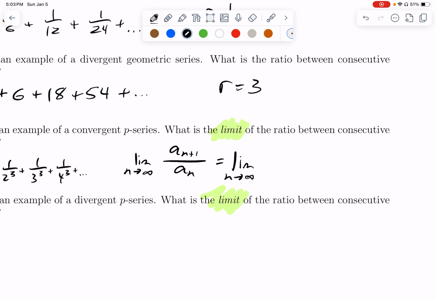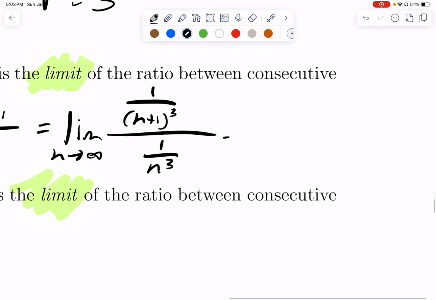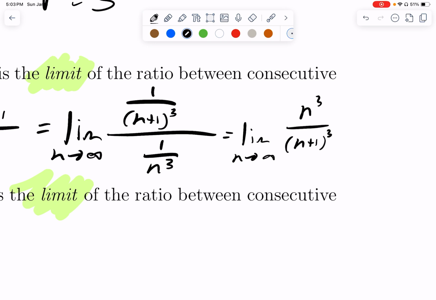So the n plus 1 term would be 1 over n plus 1 cubed. The n term would be 1 over n cubed. Maybe you can see what's going on already, but first I will simplify this fraction to n cubed over n plus 1 cubed. And this is degree 3 over degree 3, and they both begin with n cubed if we expand.